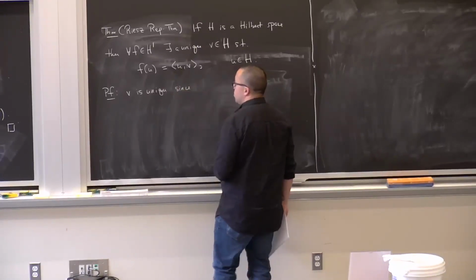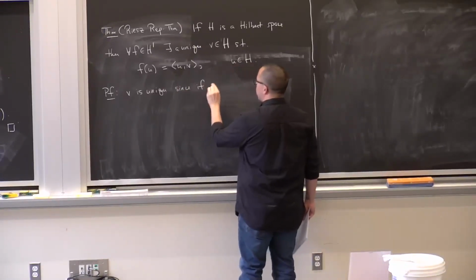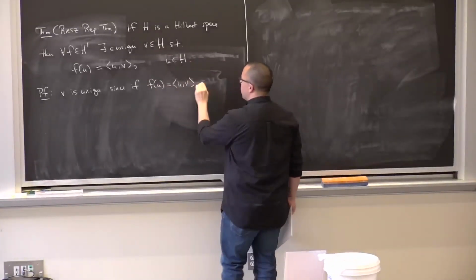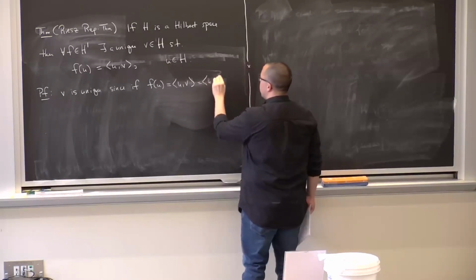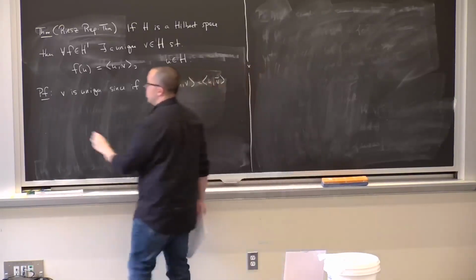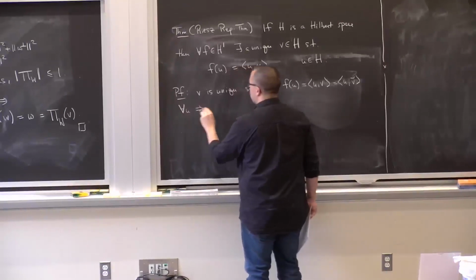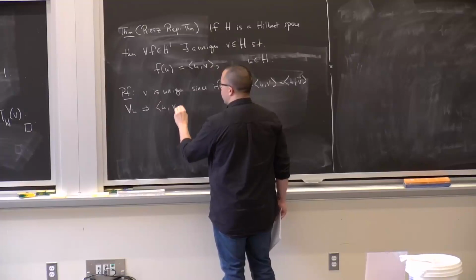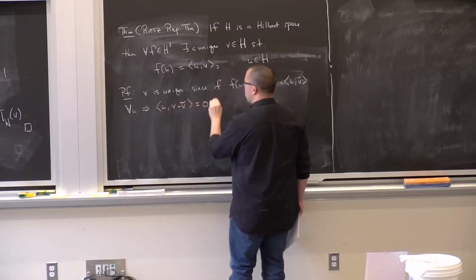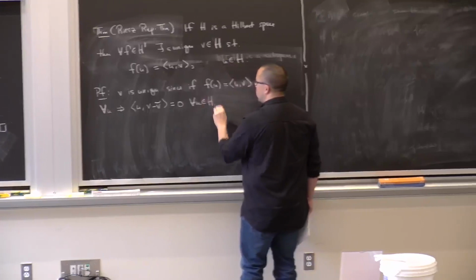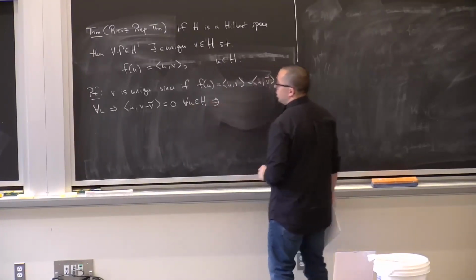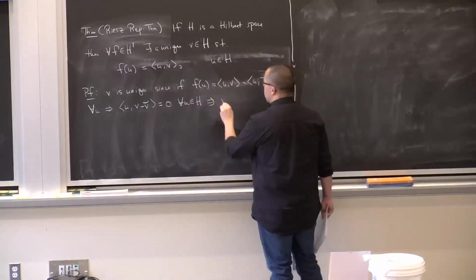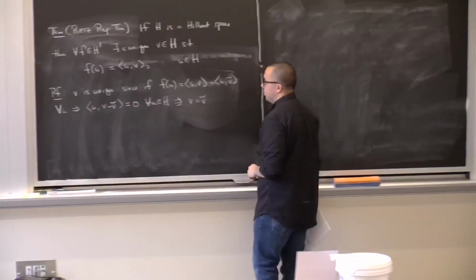If such a v exists, it's unique, since if f of u is equal to u inner product v, which is equal to u inner product v tilde for all u, this implies that u inner product v minus v tilde equals 0 for all u in H, which, by setting u equal to v minus v tilde, tells me v equals v tilde.